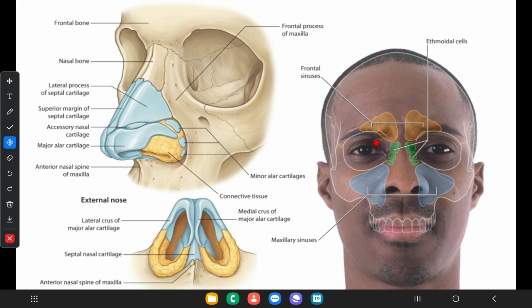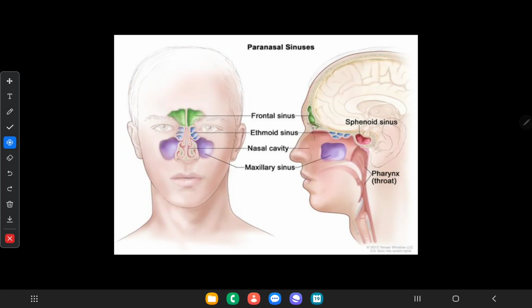Let's discuss first the frontal sinus. Here the green color shows frontal sinuses. Here is the frontal view and here is the lateral view. In this picture you can see the sphenoid sinus as well. When we talk about frontal sinus, each frontal sinus is situated between the inner and outer tables of the frontal bone.